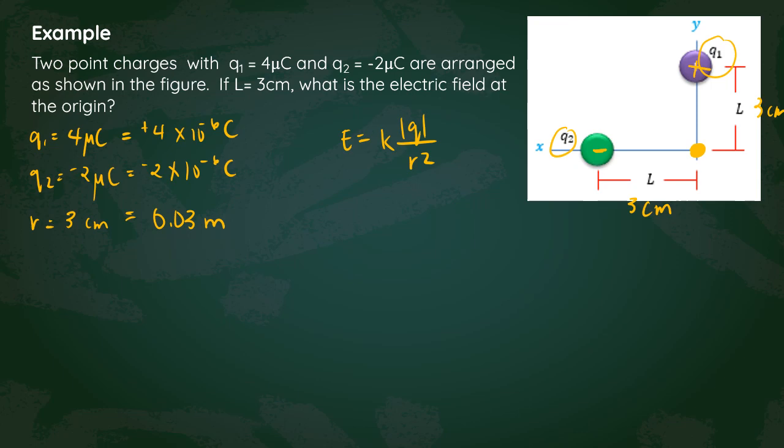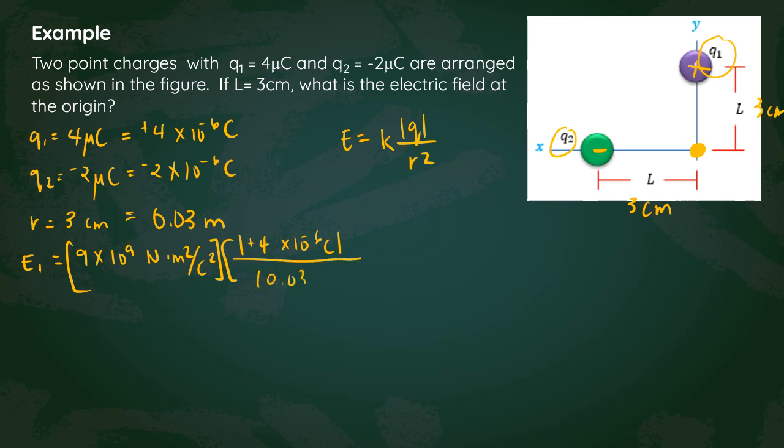So solving for the electric field due to Q1, that is, again, Coulomb's constant, 9 times 10 raised to 9 newton meter squared per coulomb squared, multiplied by the absolute value of the charge, over 0.03 meters squared.